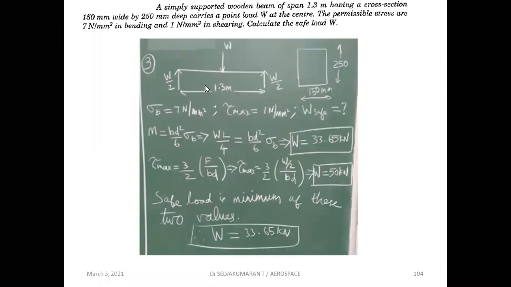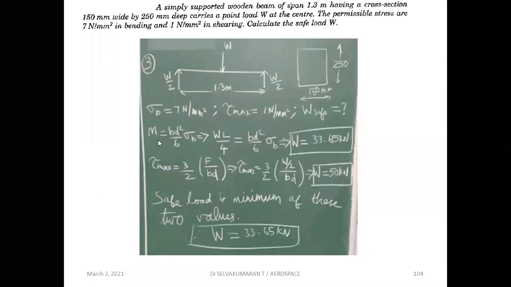Calculate the safe load W. Okay, so this is the same condition as previous. So here 1.3 meter length, 150 millimeter width, and 250 millimeter is the depth. This is the bending stress, shearing stress. We have to find the safe load.